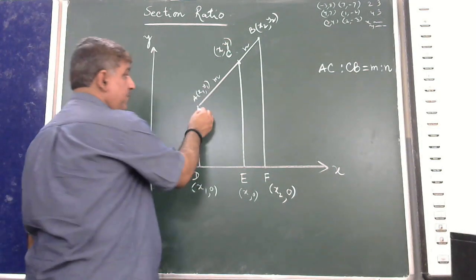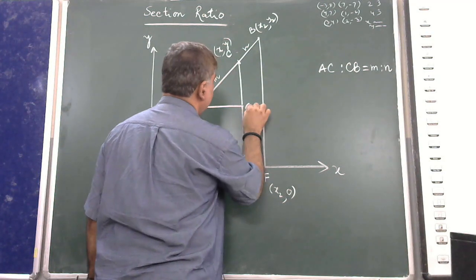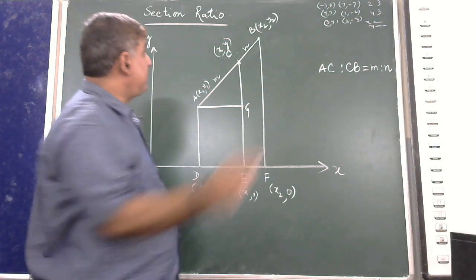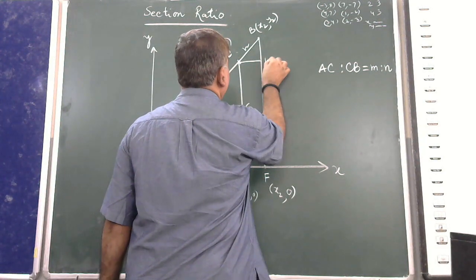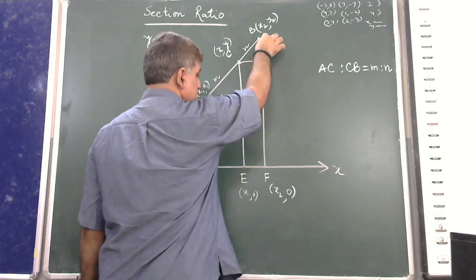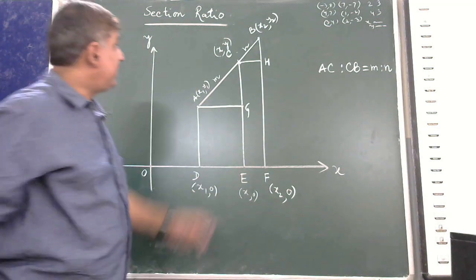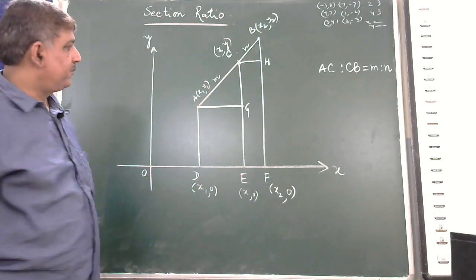Now let us draw a perpendicular from A on the line through C, and a perpendicular CH from C on FB. We have drawn the perpendiculars. Now what happens?